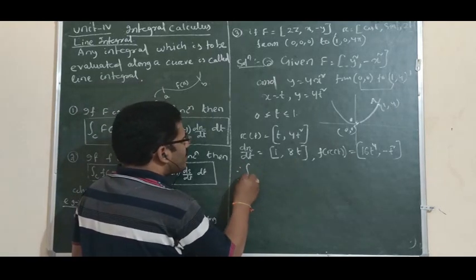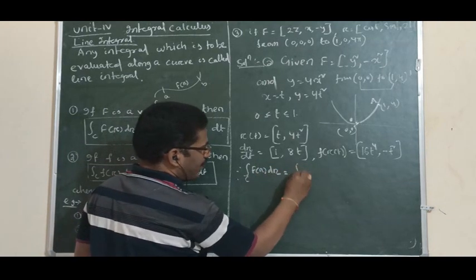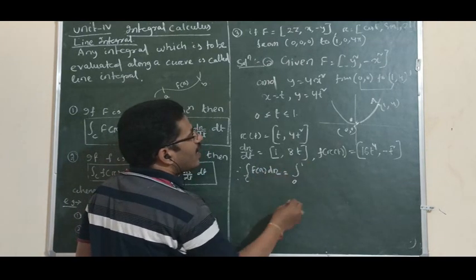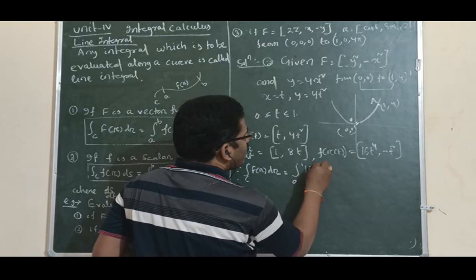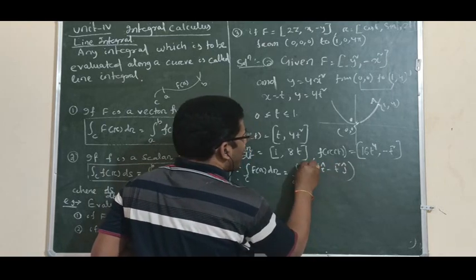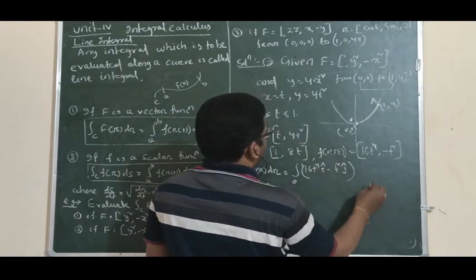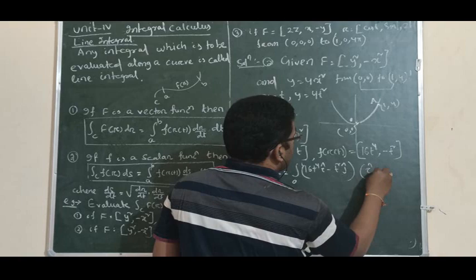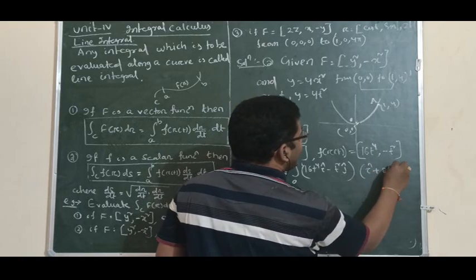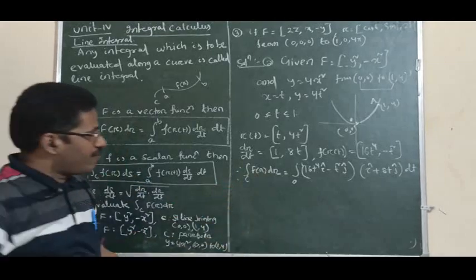Therefore, the integration over c of f of r dr equals the integration from 0 to 1 of 16t to the power 4 i cap minus t square j cap, multiplied with dr by dt, which is i cap plus 8t j cap, dt.